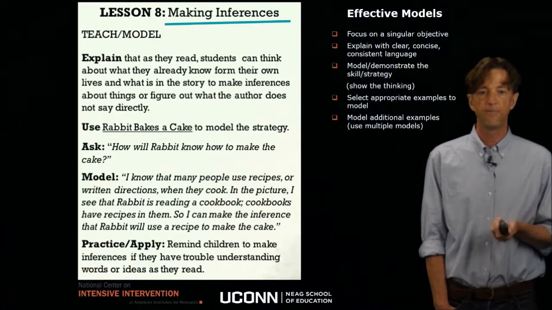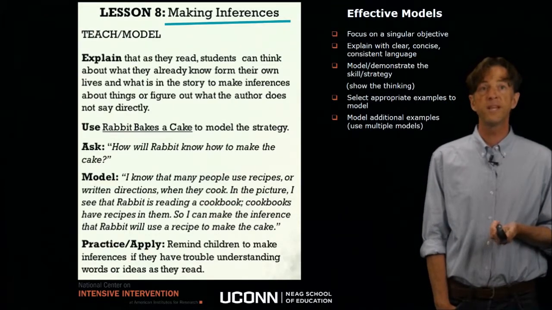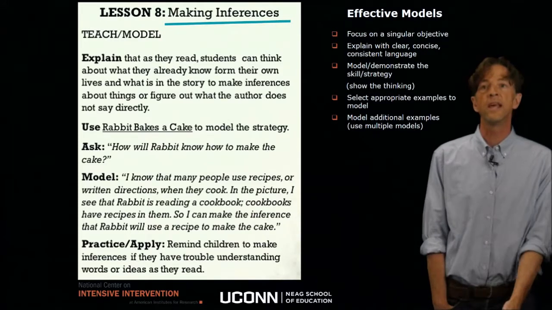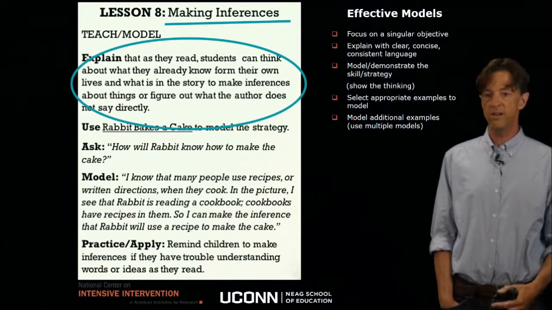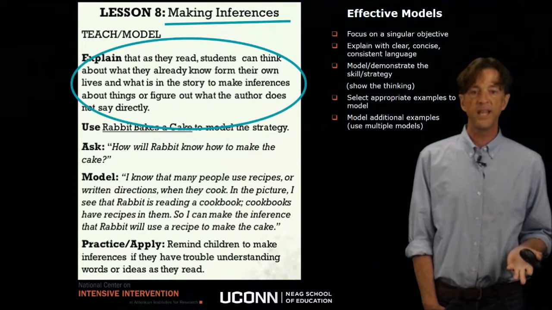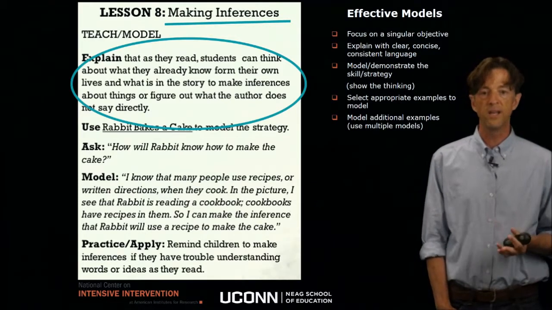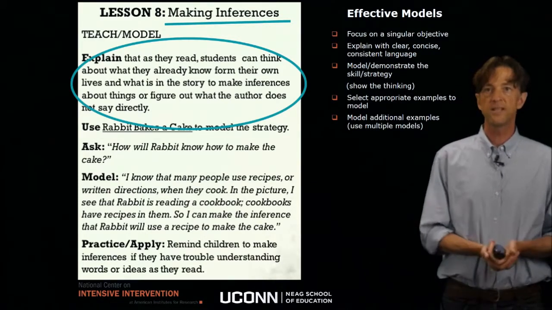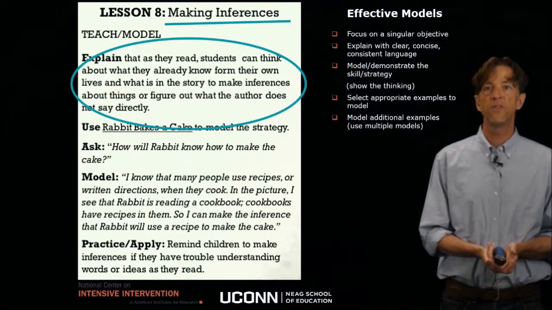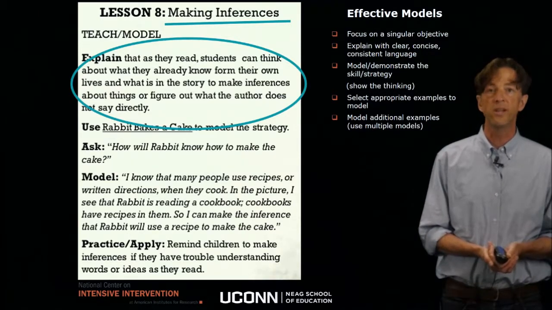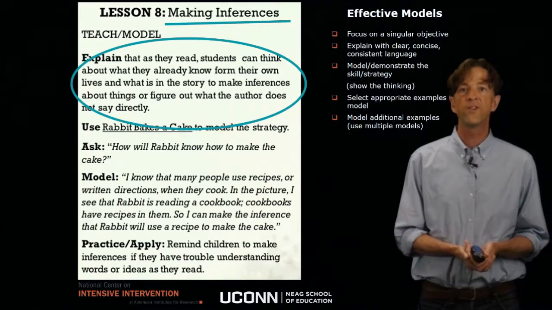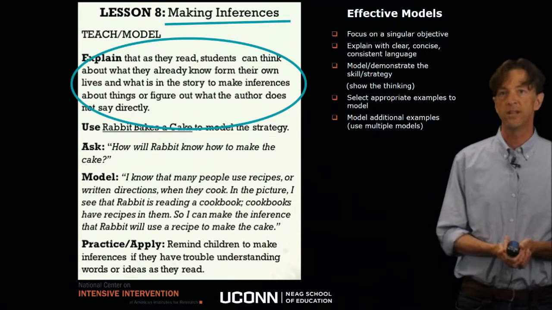Okay, the next component is explain with clear, concise, and consistent language. This is the part where we're talking about explaining and describing the strategy. What it says is explain that as they read, students can think about what they already know from their own lives and what is in the story to make inferences about things or figure out what the author does not say directly.